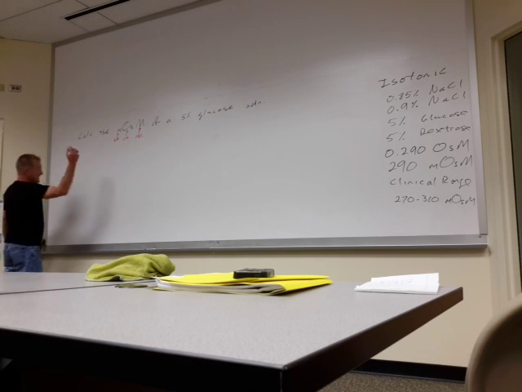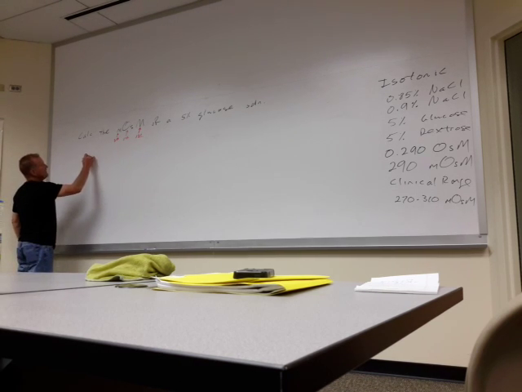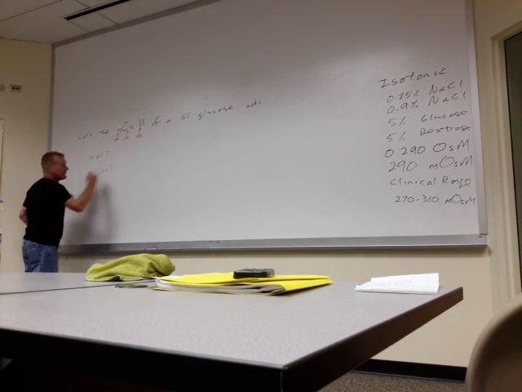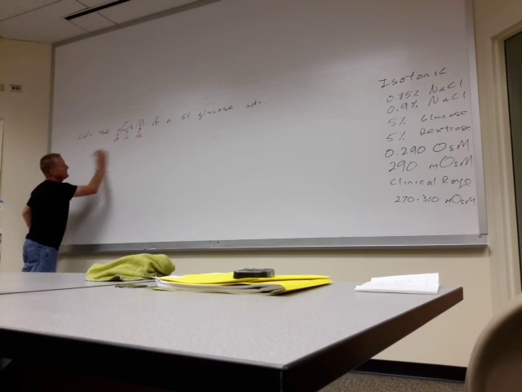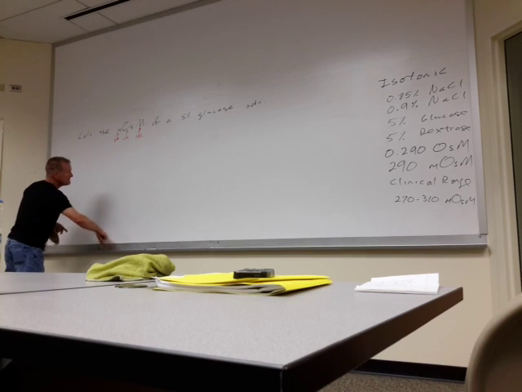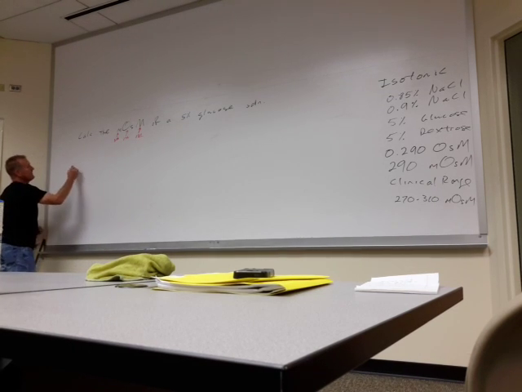So when you're in these learning phases, ask yourself, what do I want? What was I given? So that I understand what I am trying to do here. Well, I'm given 5% glucose.